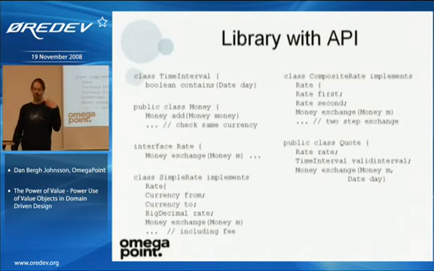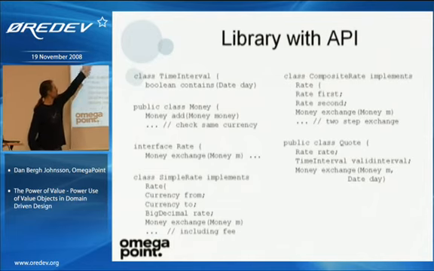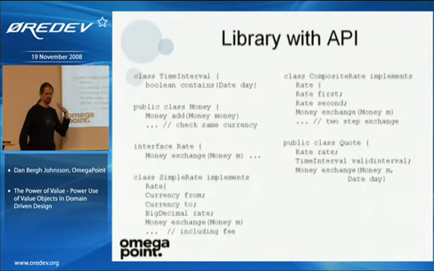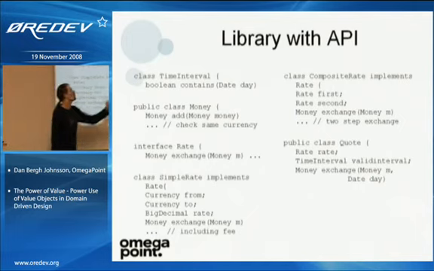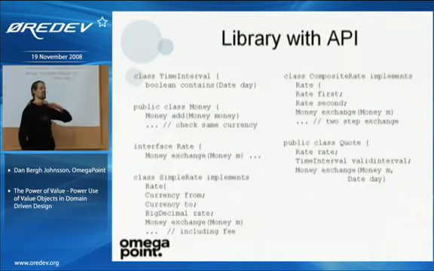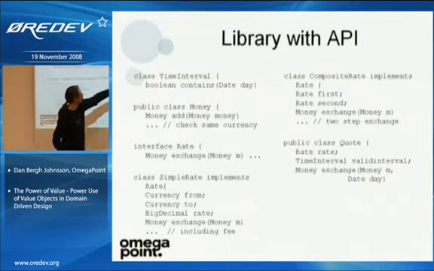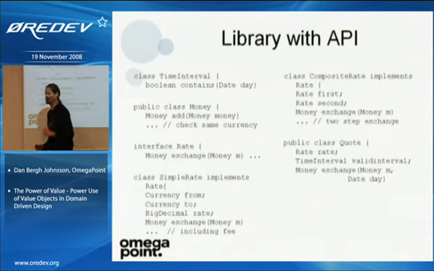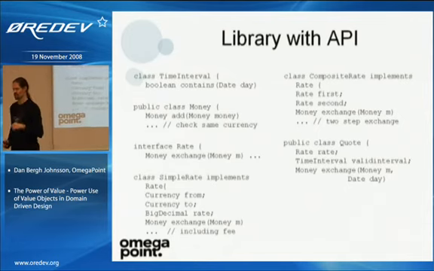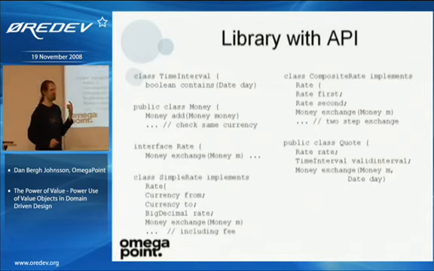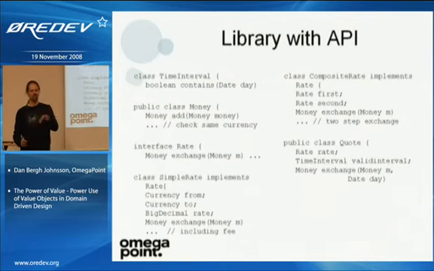We've ended up with a library with a time interval, a money class, rate for exchange, a simple rate, which is an interface, with a simple rate for exchanging between two currencies, or a composite rate to apply a series of rates. And in the end, on the top, we've got a quote that can check, make an exchange, and check that there is the proper currency we're trying to exchange and that we're doing it on the correct date.